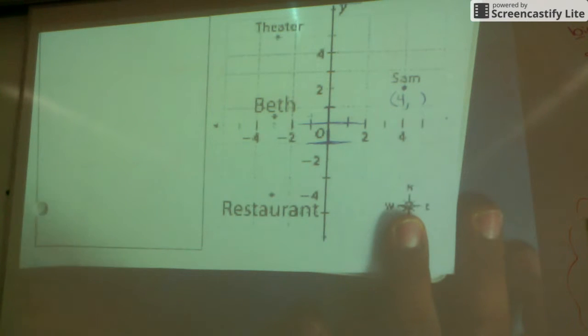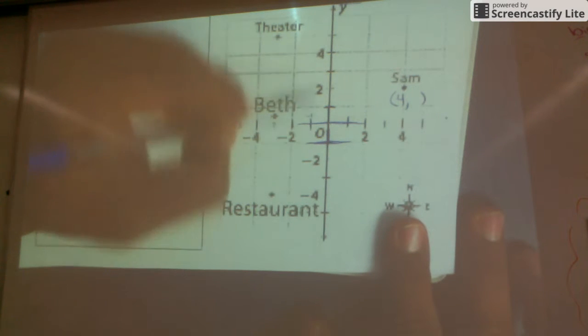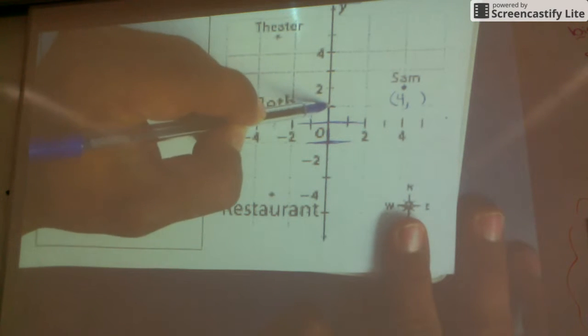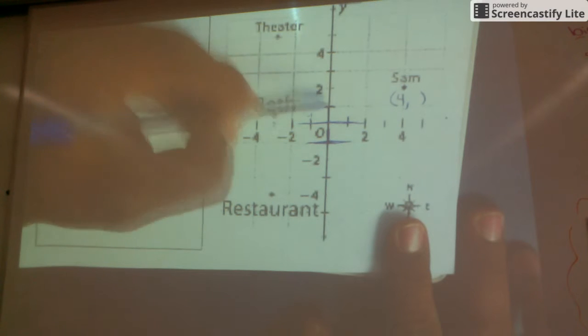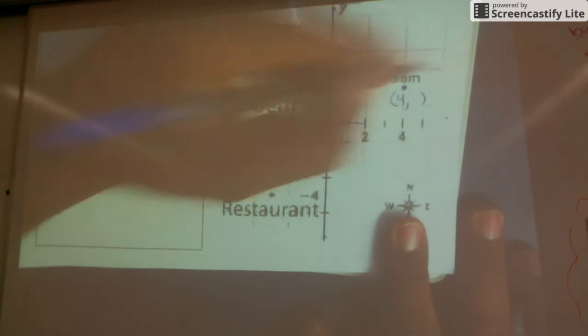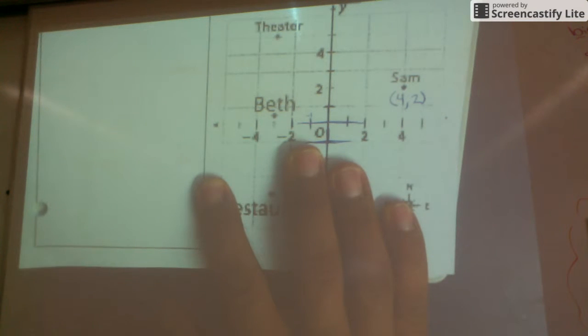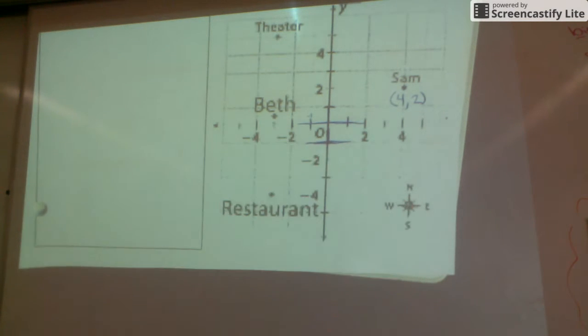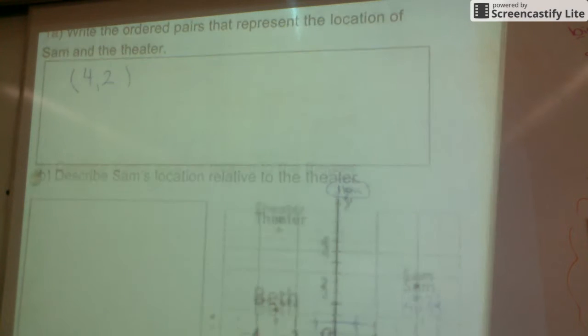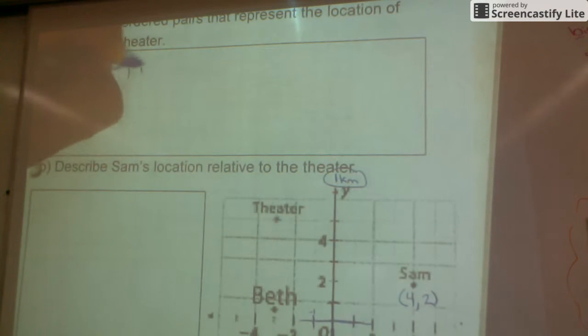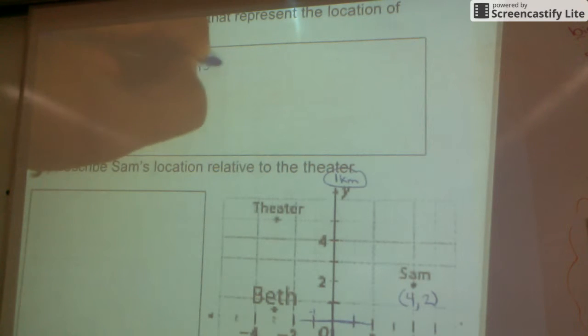And what about the y-axis? The y-axis is going up and down. So he's going to go up 1, 2. So that's 2 there. So Sam's position is 4, 2. So I write that up here: 4, 2 is Sam's position.